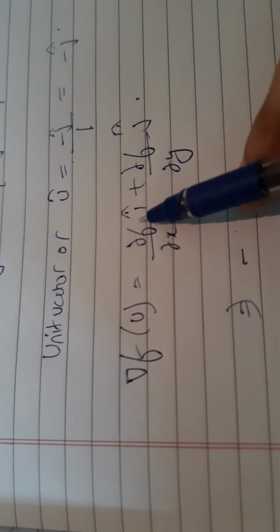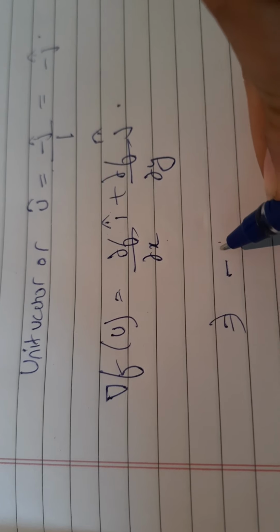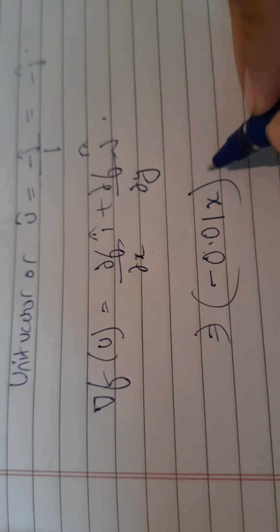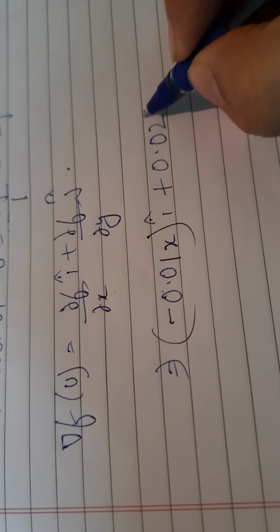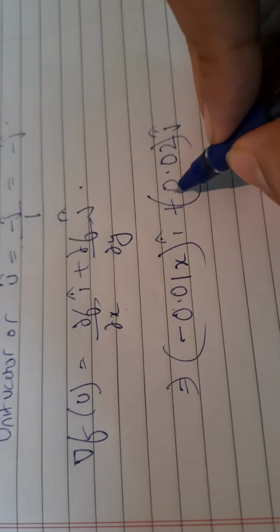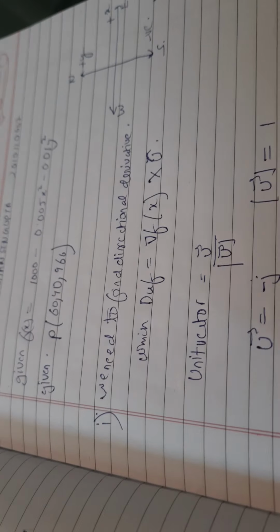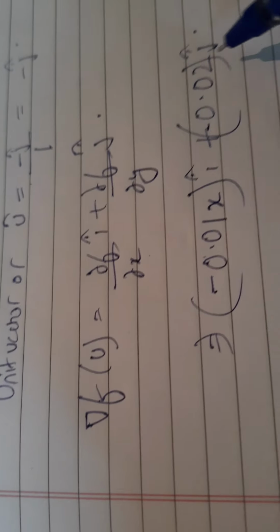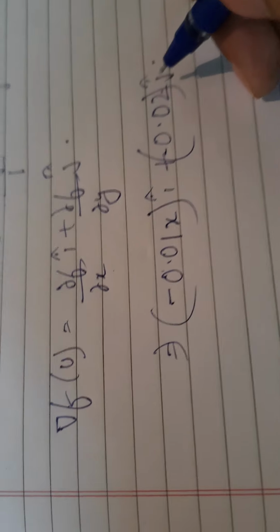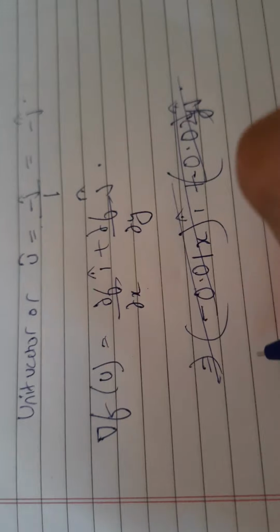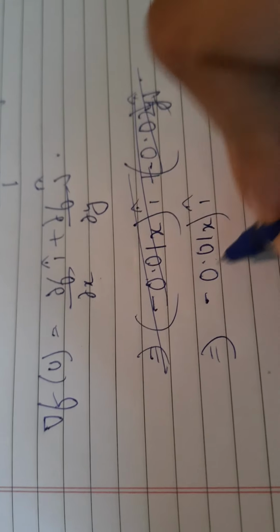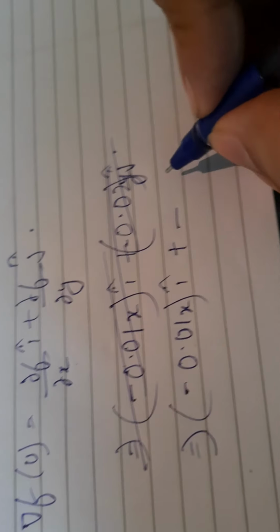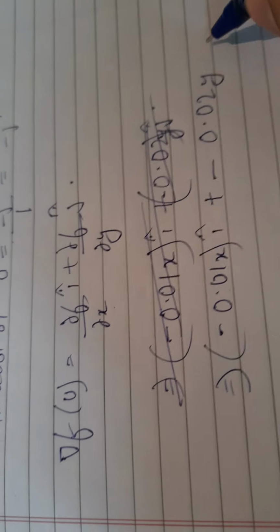With respect to x, it comes out to be minus 0.01 x i cap, and with respect to y, it is also negative. Let's cross it out and rewrite it again: minus 0.01 x i cap plus minus 0.02 y j cap.